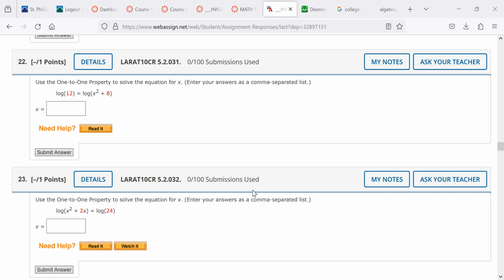If they don't mention a base, notice how there's no base on this log. It's assumed to be 10. Just like square root, they never write the 2. It's assumed to be 2. So here it's assumed to be 10. What I want you to do is just remember that if you have an equation, then a to the x is equal to a to the y.